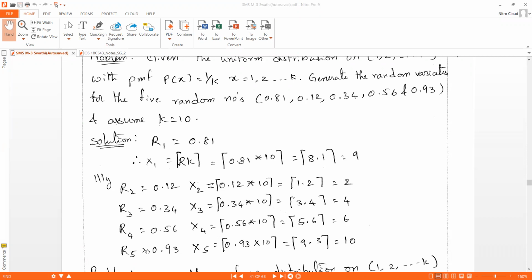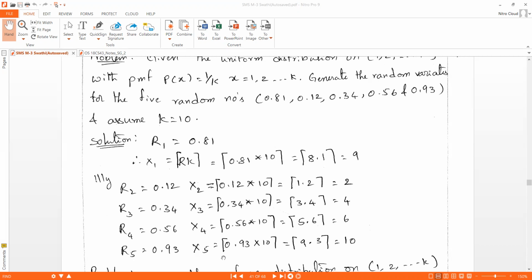Next, we'll find the random variant for the next random number, that is r5 is equal to 0.93. Now we need to find the random variant x5, that is x5 is equal to r5 into k.